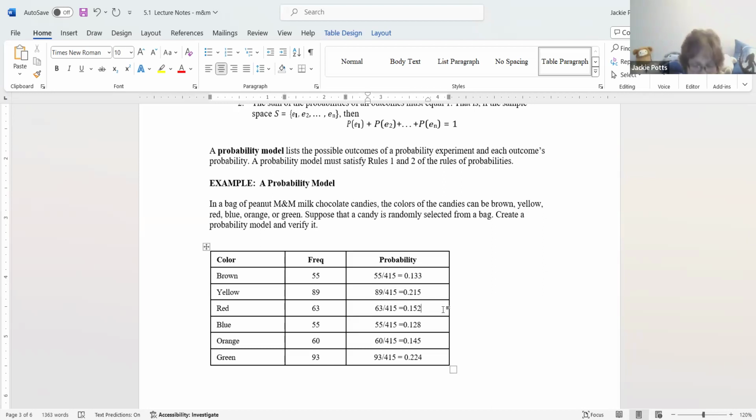Now, that one was rounded. Oh, I think I found my error. 55 divided by 415 is 0.133. I miskeyed this.